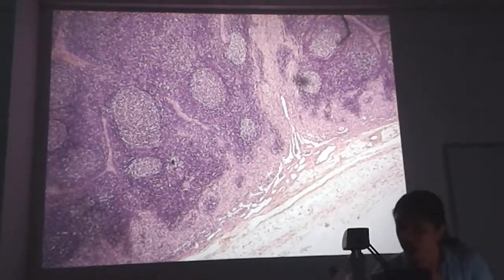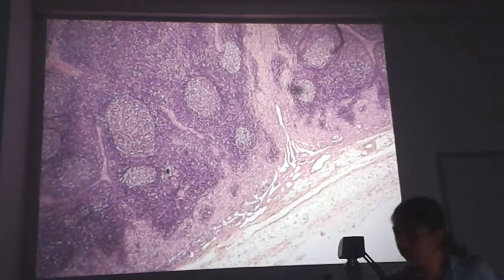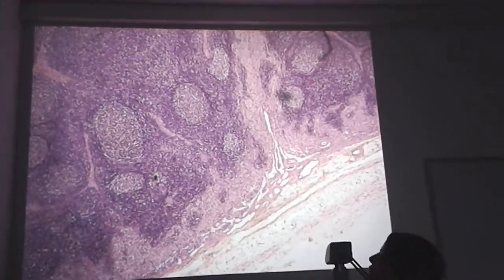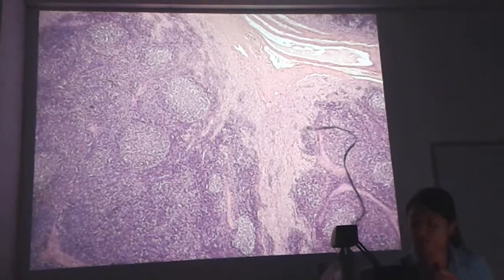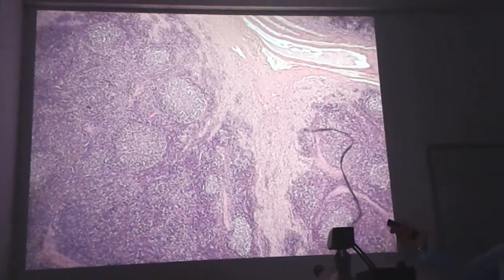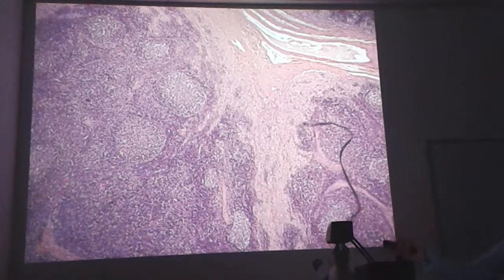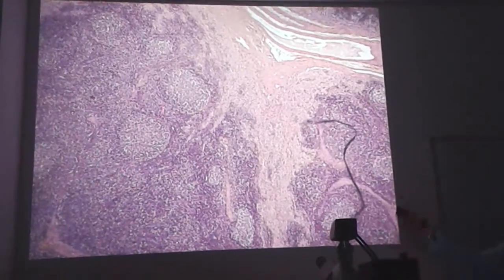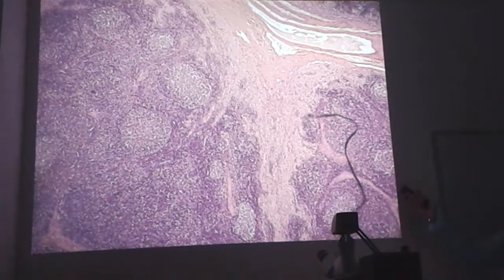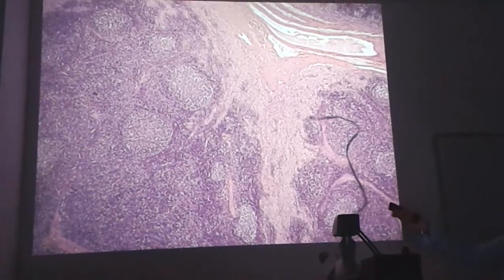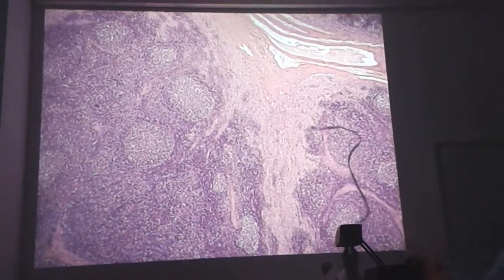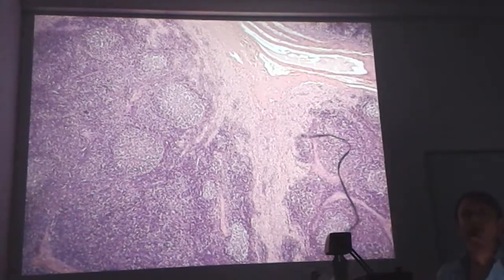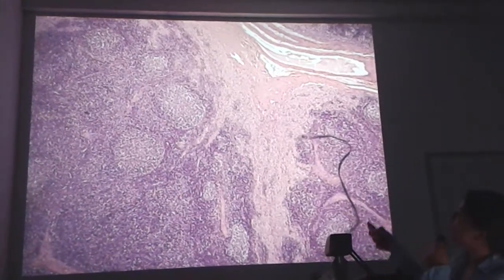Okay? If we look at the medullary region of the lymph node, this was the cortex of the lymph node, and the cortex of the lymph node is made up of lymph follicles. And this is the medulla.